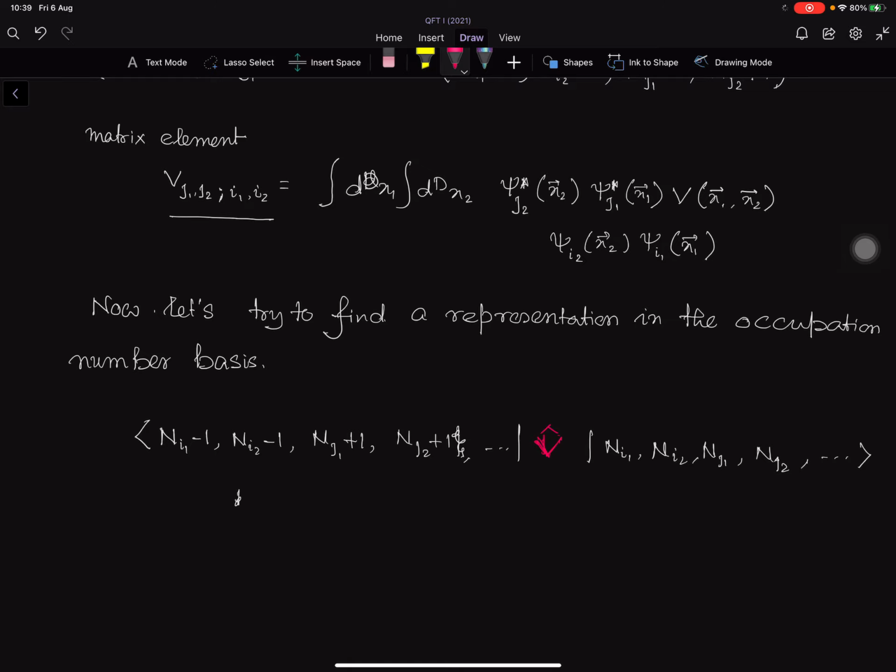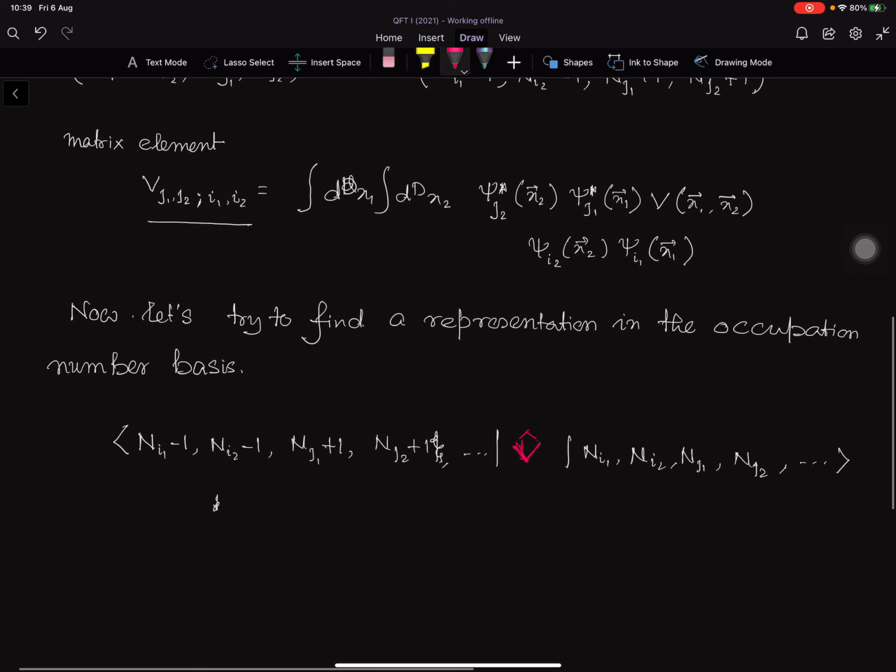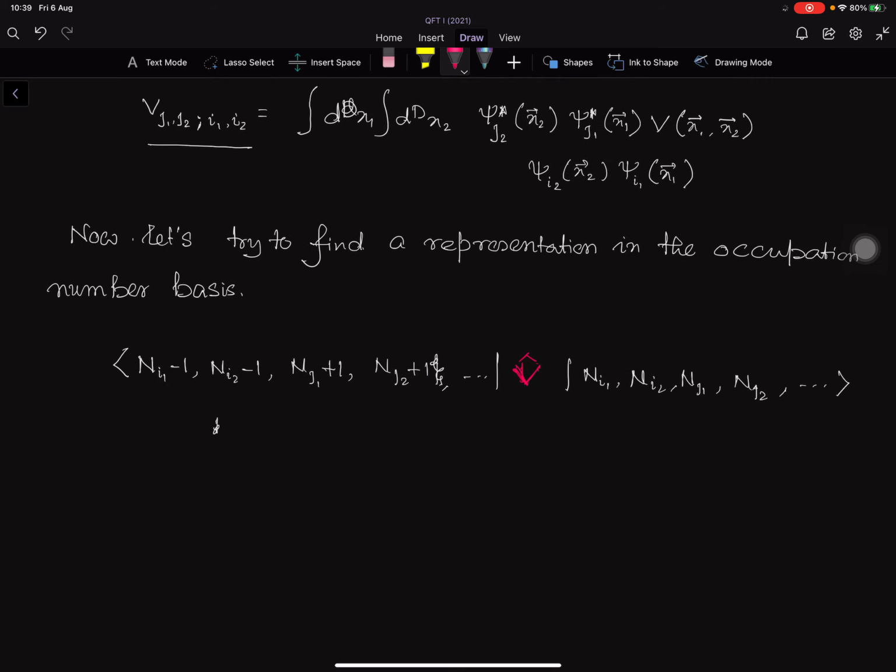You remember the construction: for single particle operators we did the construction by tensoring various identity operators. Similarly, there will be a construction like this where this operator will be non-trivial only on two particle slots, and for other particles it's just an identity operator, and then you have to sum over all such possibilities.